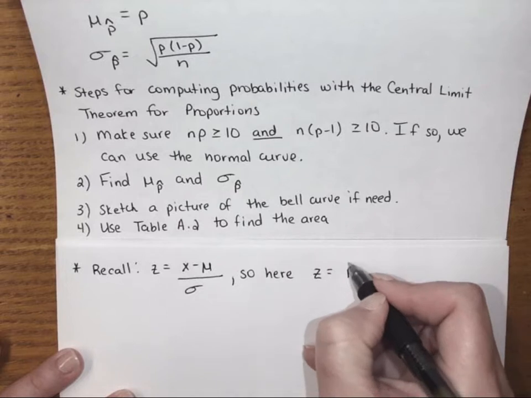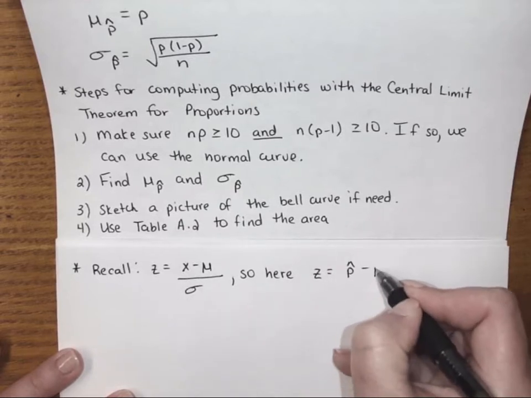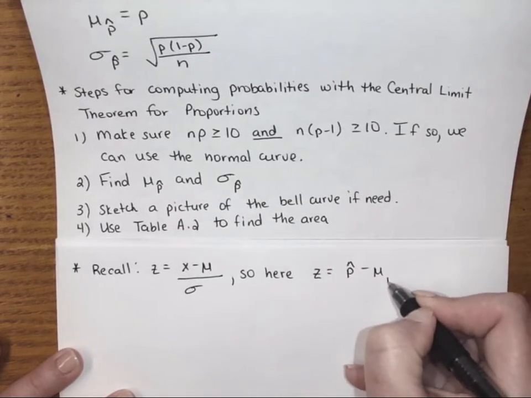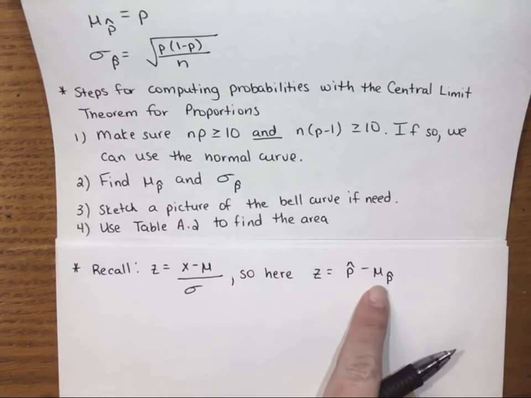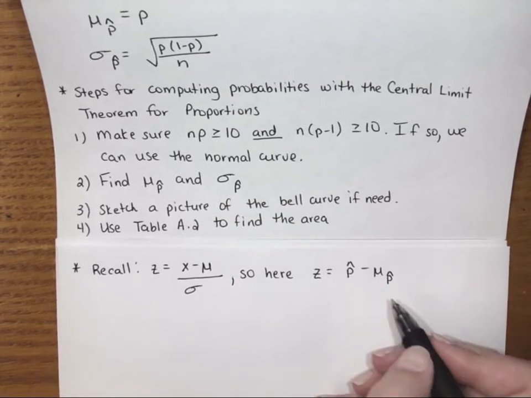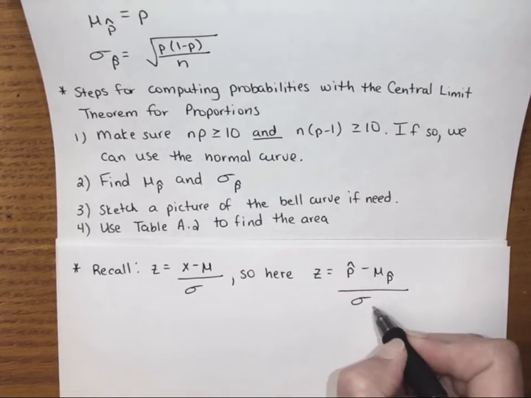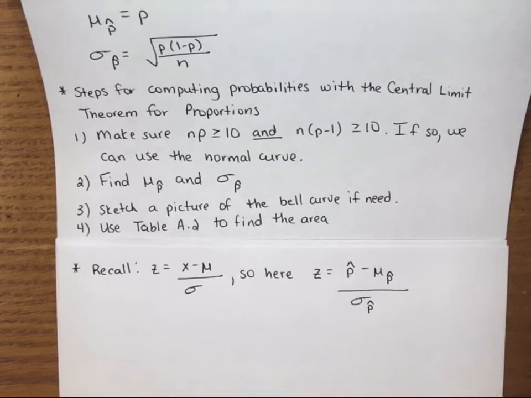We're going to have p hat minus the average of the p hats. So it's still value minus average, it just looks weirder. And then we're going to divide it by the standard deviation of the p hats. If you just look at that, that looks really complicated, but it's really not. It's just value minus average over standard deviation, just like this was.